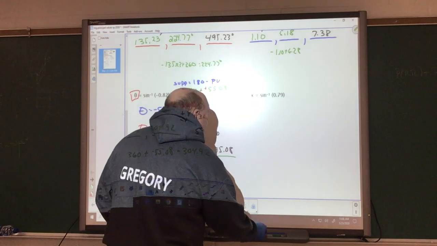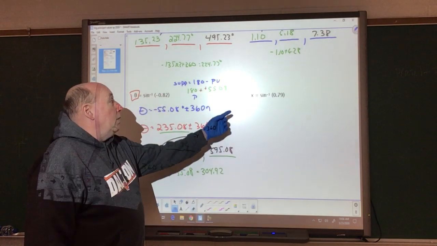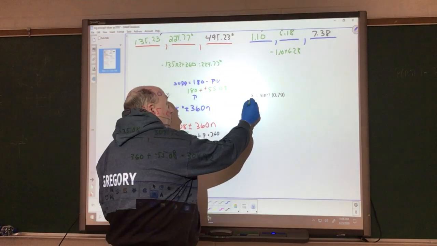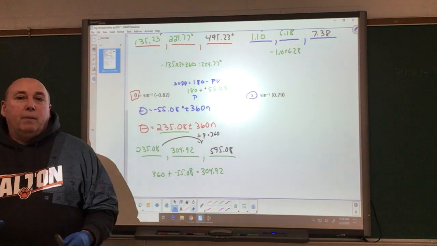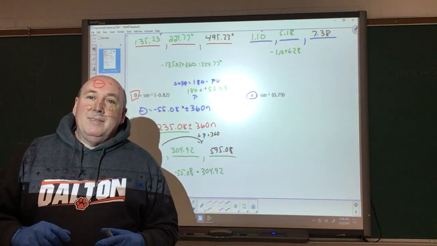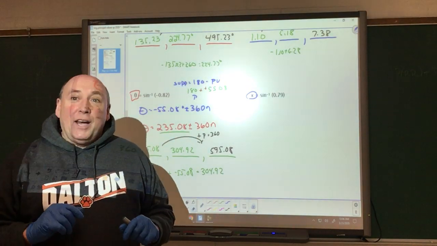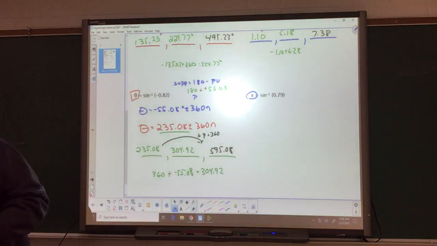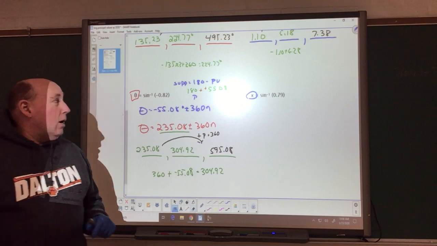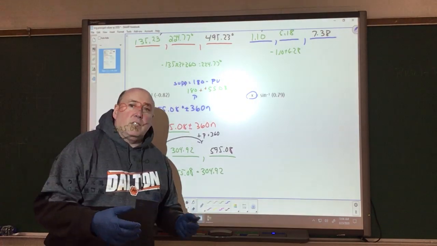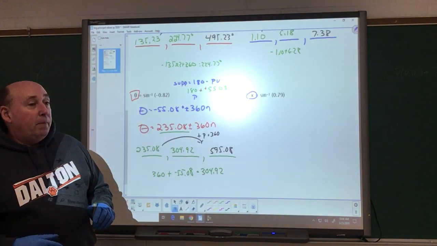Okay, last one. We have the inverse sine, but once again, let's make sure we know we are in X, so we need to make sure we are in what mode? That's exactly correct. Need to make sure we're in the radian mode. So go to your calculator, change to radian mode. Let's take the inverse sine of 0.79.